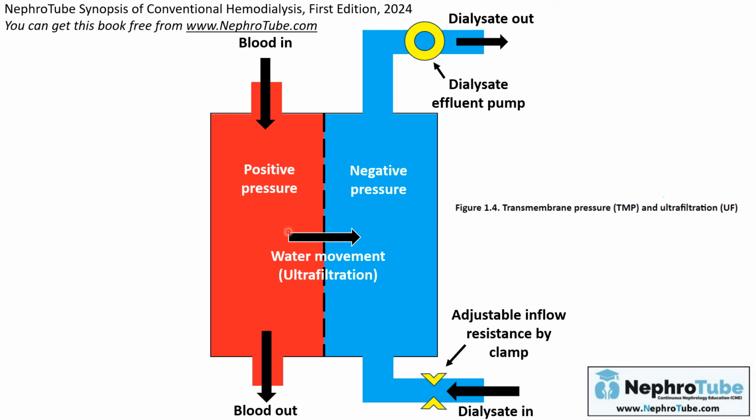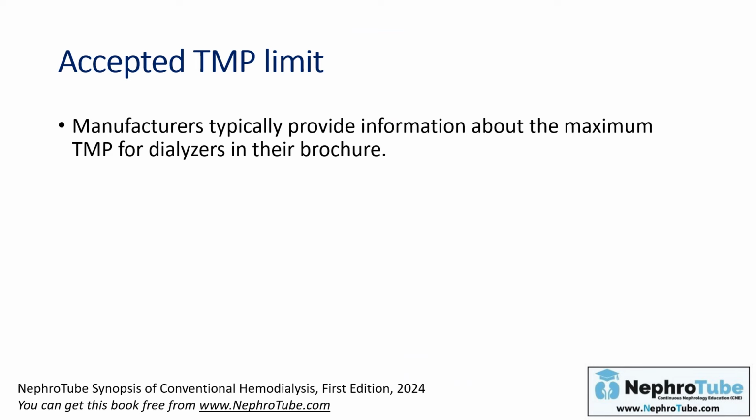So the transmembrane pressure is the difference in pressure between the blood compartment and the dialysate compartment. What is the accepted transmembrane pressure limit? Actually, you will find that each manufacturer provides information about the maximum TMP of its dialyzer in its brochure or pamphlet.